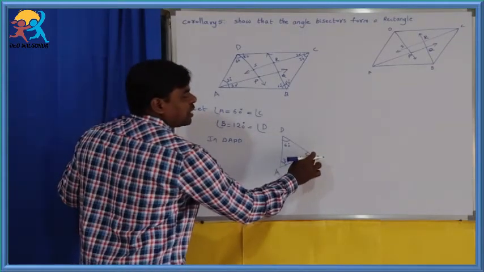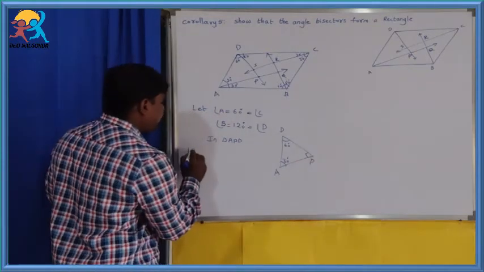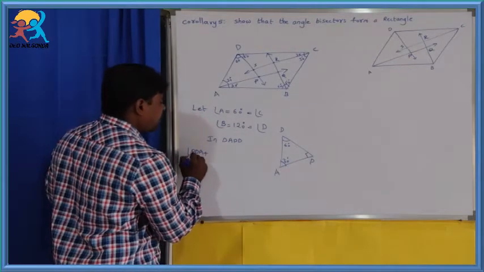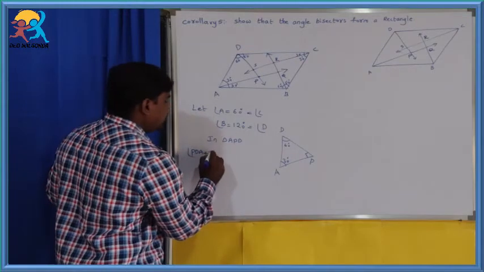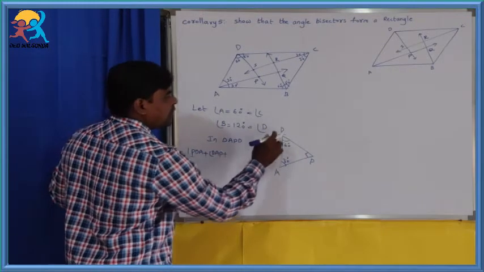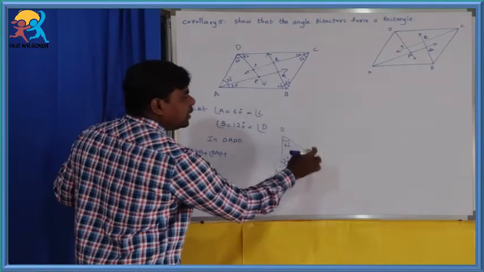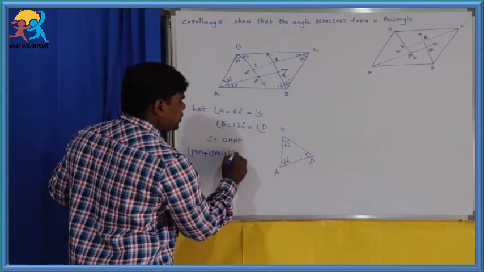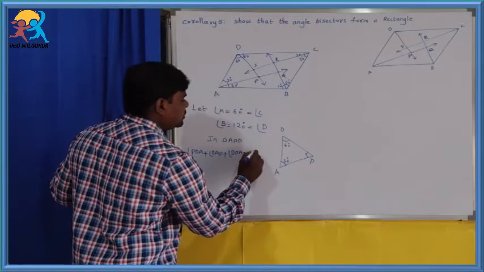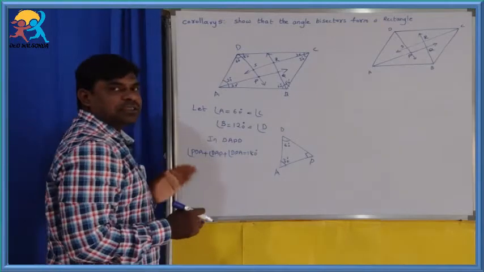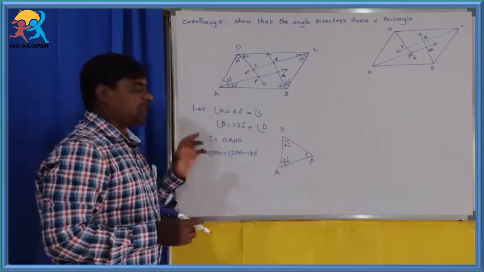Just think over it. Angle PDA plus angle DAP plus angle DPA is equal to 180 degrees, because sum of the 3 angles is 180 degrees in a triangle.